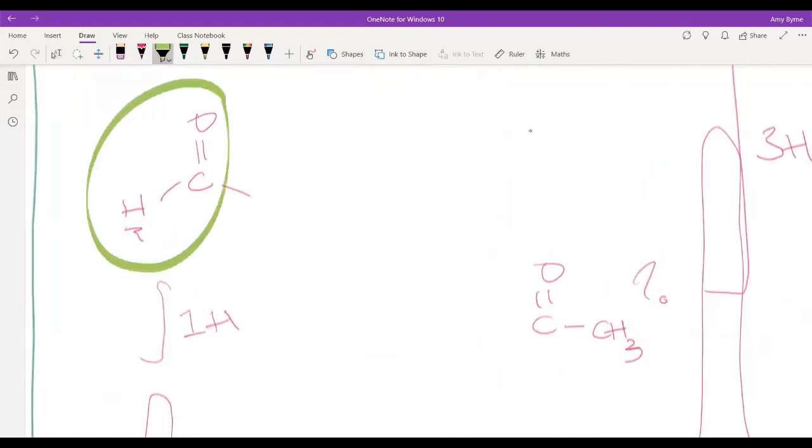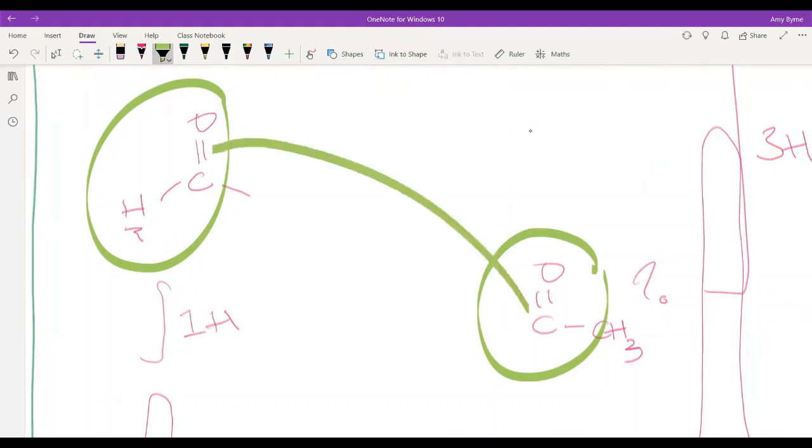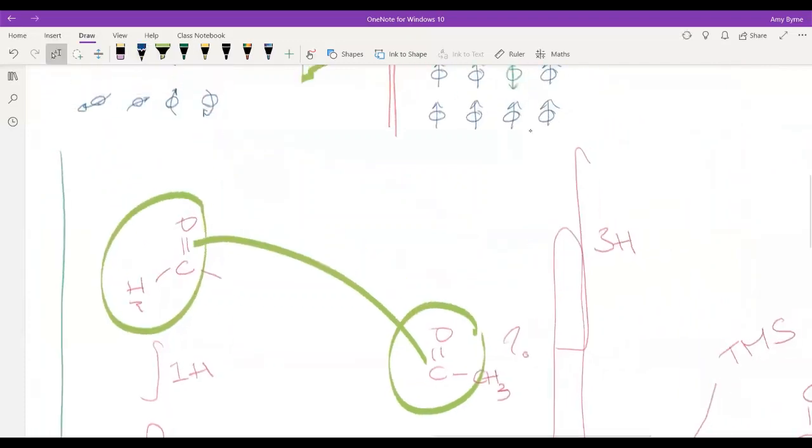I have a proton that's attached to a carbon double bonded to an oxygen, and then I have a methyl group that's attached to a carbon that's attached to an oxygen. Look at our Venn diagram here. It's pretty easy for me to stitch those 2 half molecules together to give us ethanol.